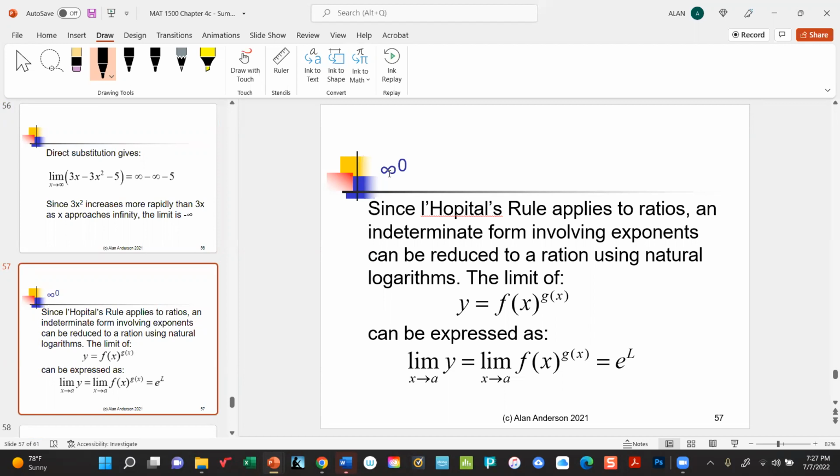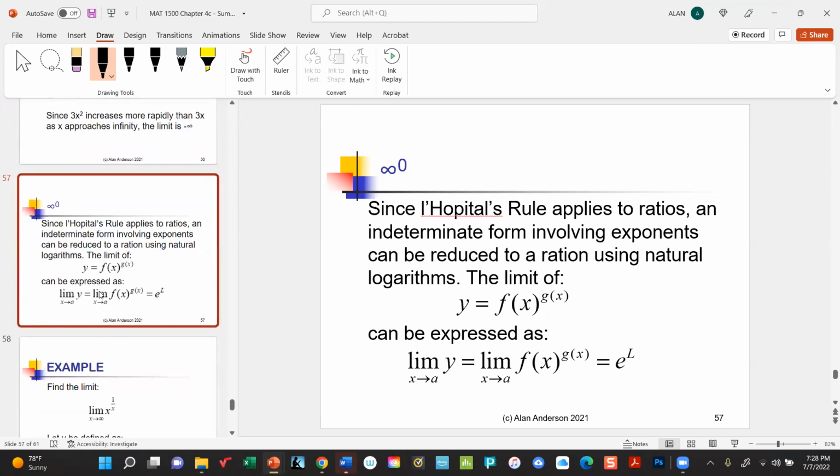The way they're written, we have, for example, y equals f of x raised to the g of x power. So what we can do is take the limit of a log, and if we do it that way, we typically end up with a solution which is e raised to some power.